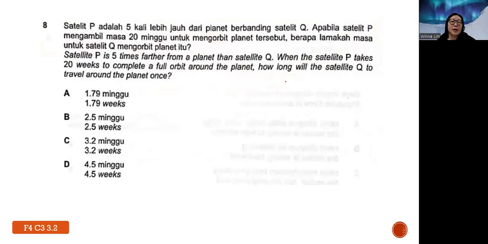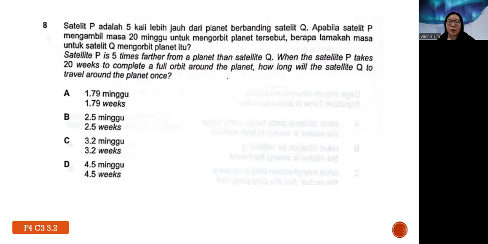Question 8. Satellite P is 5 times farther from a planet than satellite Q. When satellite P takes 20 weeks to complete a full orbit around the planet, how long will satellite Q take to travel around the planet once?